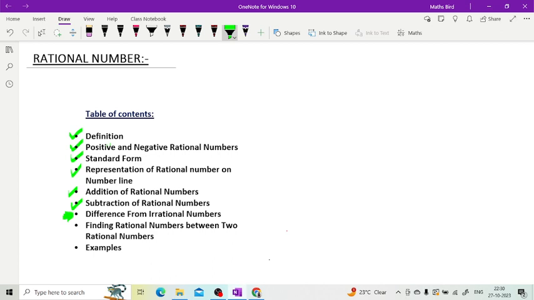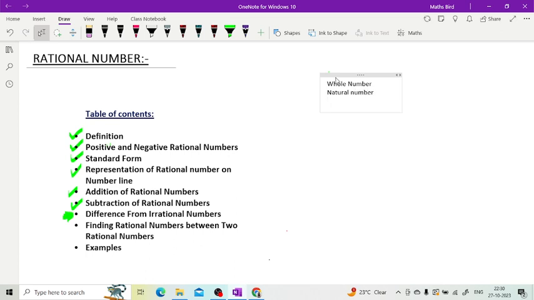Before starting rational numbers, you should know what a whole number is, right? And what a natural number is.